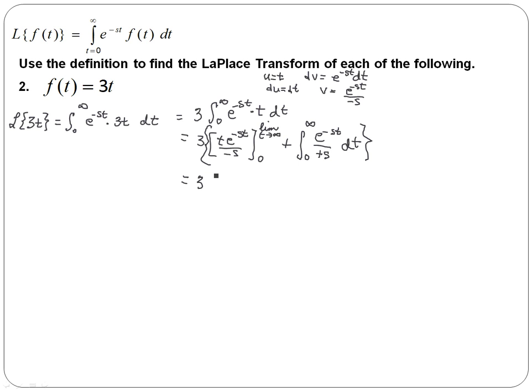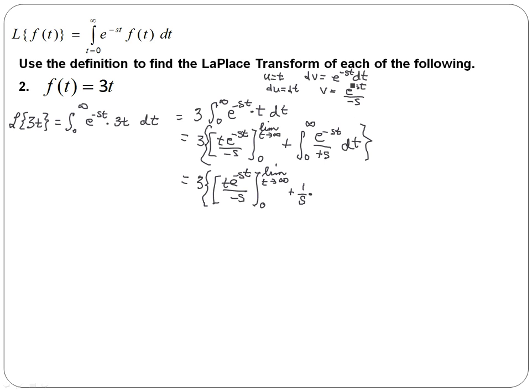I'll wait to evaluate this until our next step. t e to the negative st divided by negative s, limit as t goes to infinity, 0, plus, here I can bring the 1 over s out and multiply by the integral e to the negative st dt.